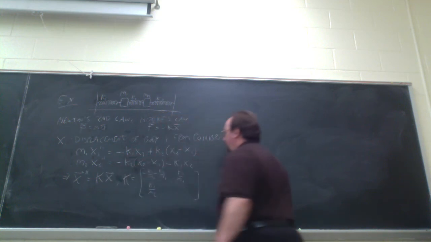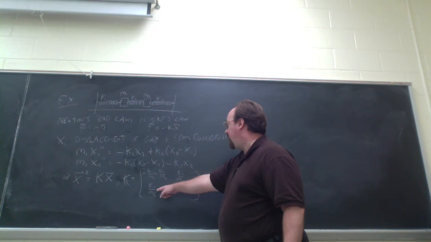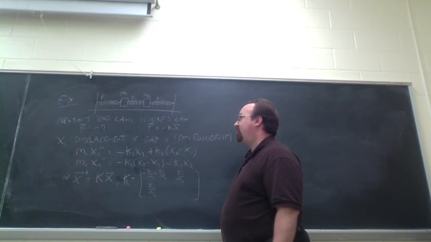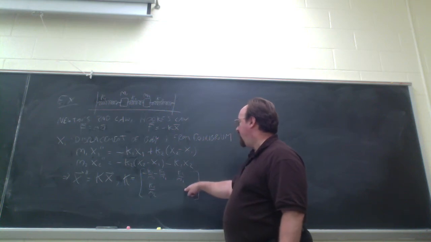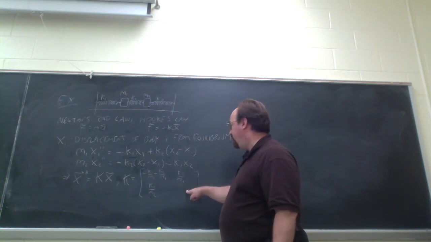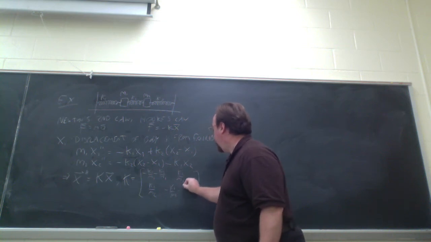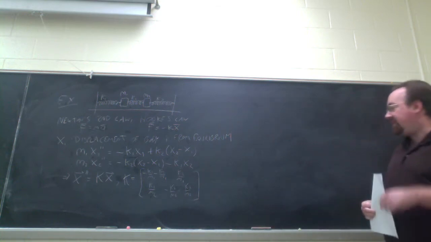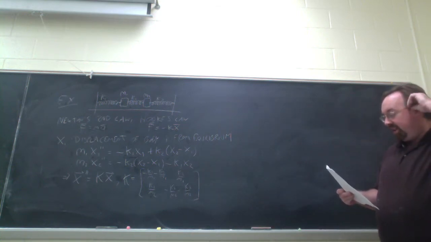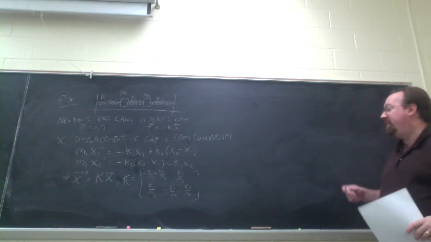And in the second equation, what is multiplying x2? Minus k2 over m2 minus k3 over m2. Okay, so that's the equation of this second order system. But then what you want to do is rewrite all of this as a first order system.